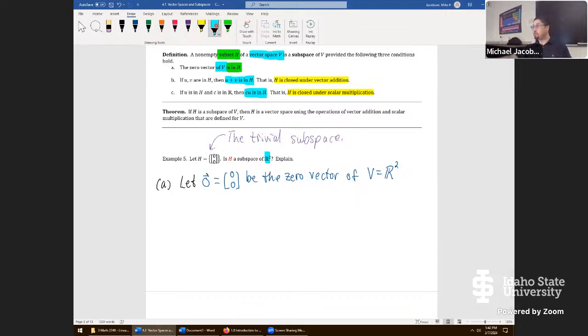So that's the zero vector of R2. And what it says is, once you've indicated that zero vector, you have to show that it's inside the set H. That's not so bad. The set H contains only that one vector, so it's automatic.